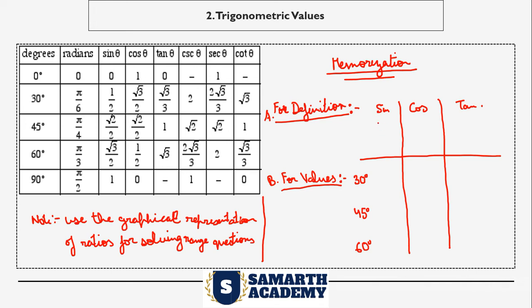For definition purposes, for sine, cos, tan, what I tend to use is p, b, p, h, h, b. So p by h is sine, b by h is cos, p by b is tan, where p, b and h stand for perpendicular, base and hypotenuse respectively.